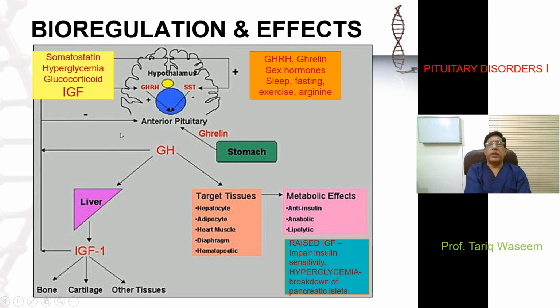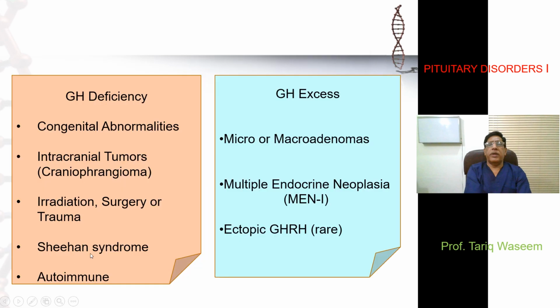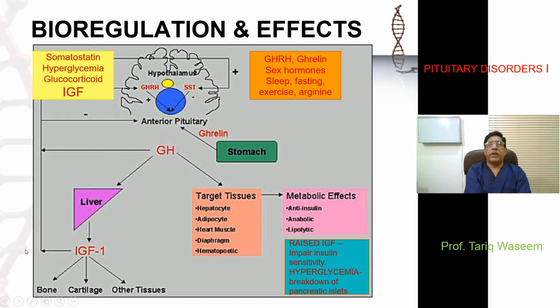Now, this growth hormone has its effect on the liver, and from the liver it produces insulin-like growth factor 1, IGF-1, and this has its effect on bone to increase linear growth, on cartilage, and other tissues, and it also has a negative effect back onto the pituitary.